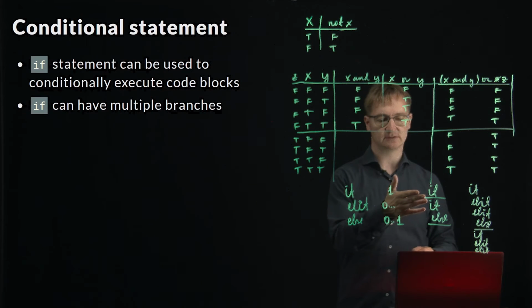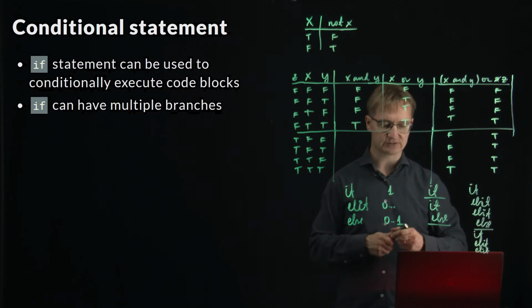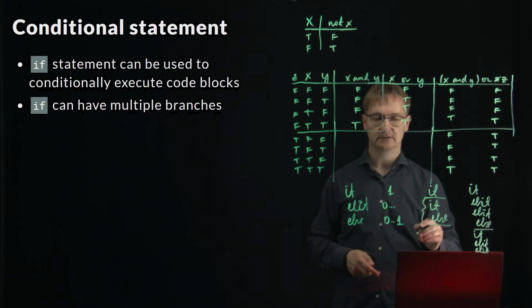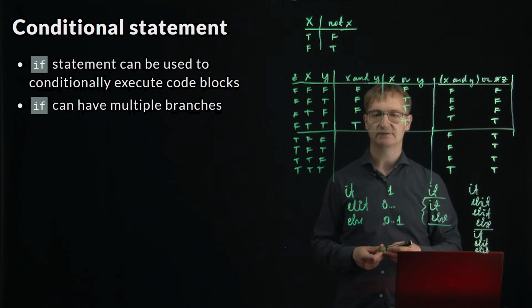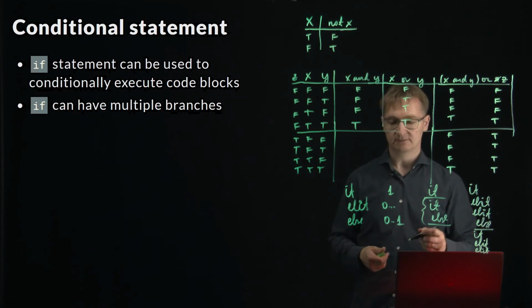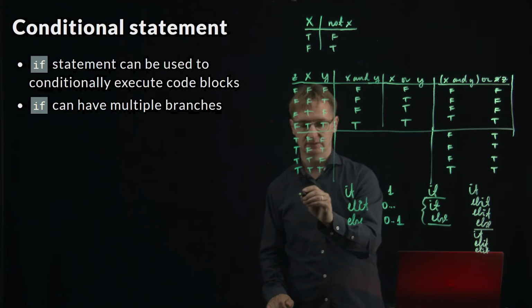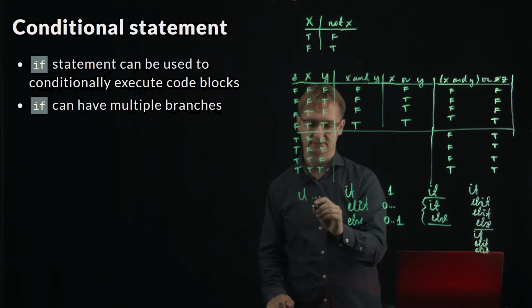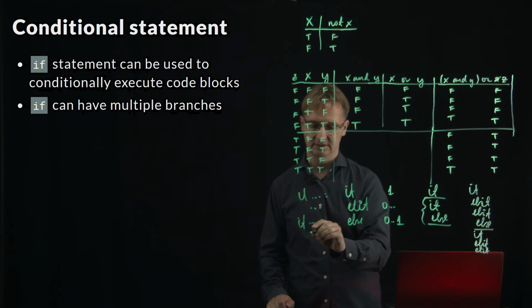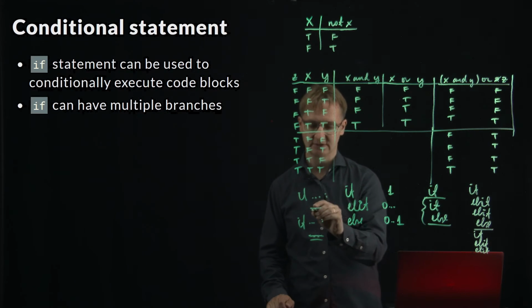Also, if you consider this as one if statement, then you can have multiple if statements in your code. So let's say there's an if statement, something is done here. Now you can have another if statement here, and also some code is executed here.